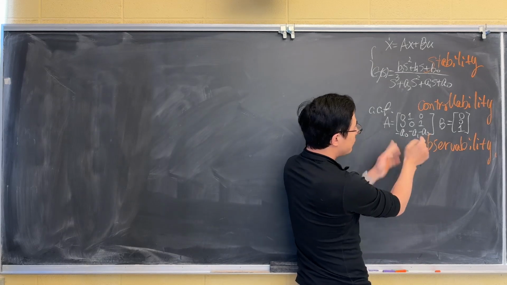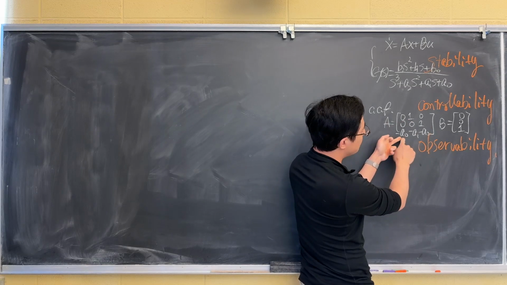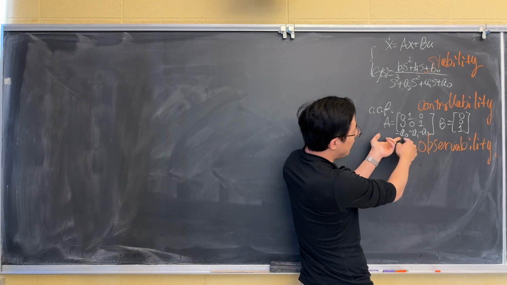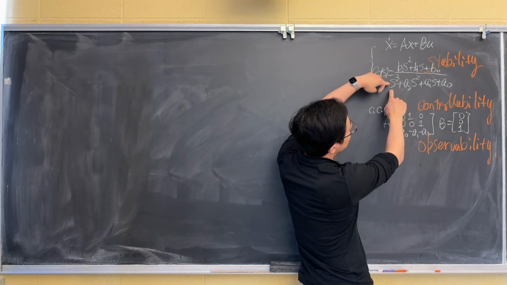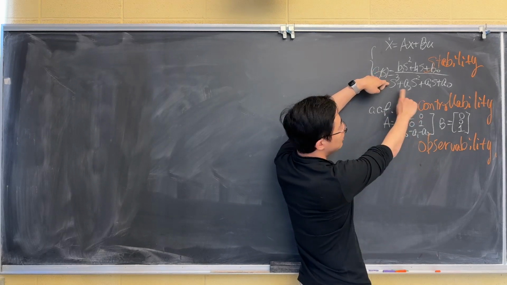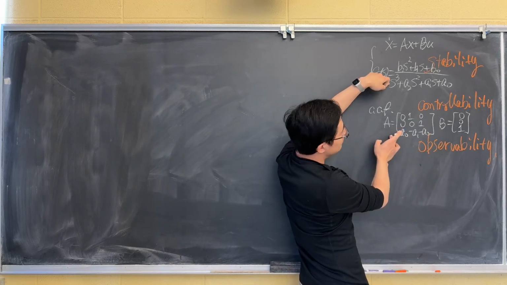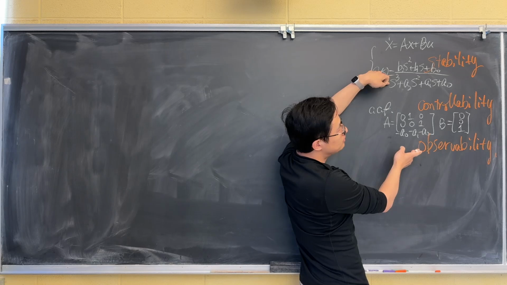We didn't say anything about the numerical values of A0, A1, A2. These values can make the poles of the transfer function unstable. So a controllable system can be unstable.